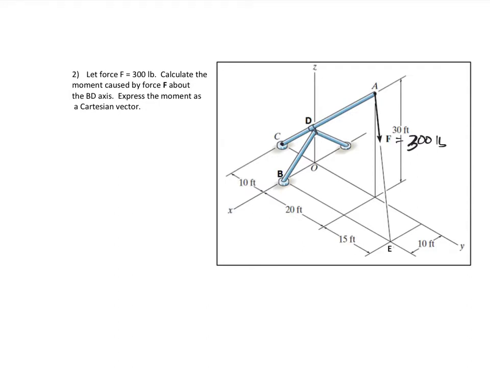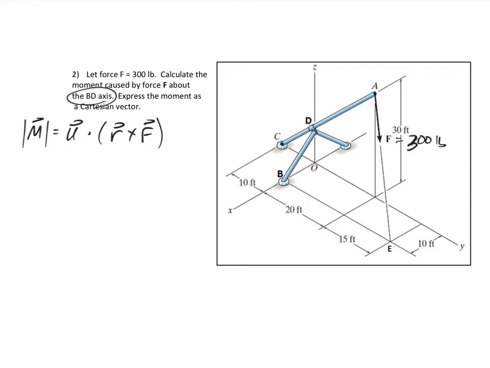Calculate the moment caused by the force about the BD axis. So this is a moment about an axis. I know that the magnitude of the moment about an axis is equal to U dot R cross F. So moment about an axis is U dot R cross F.